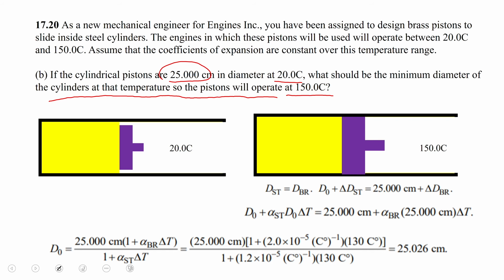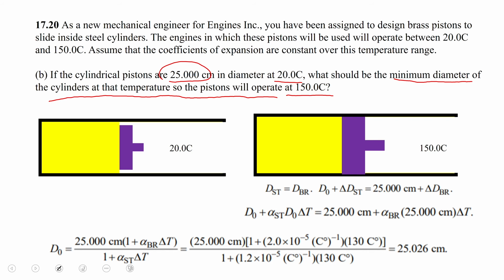So that means we know the size of the piston, and we want to know the size of the chamber at 20 degrees C. And to get this number, let's go to the 150 C, and the 150 C will tell you the actual size.